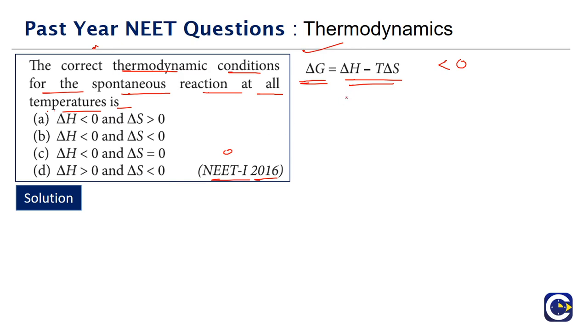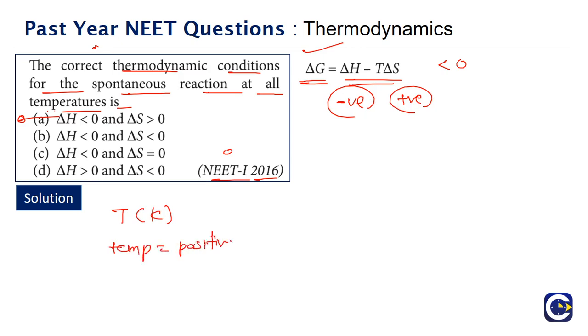So if you look at the reaction where delta H is negative, we are looking at the option A. Delta H is negative and delta S is positive, because remember in this formula, temperature is the temperature taken on the Kelvin scale or the absolute scale, means temperature value will be always positive. So it is not Celsius scale where temperature can be negative and positive both.